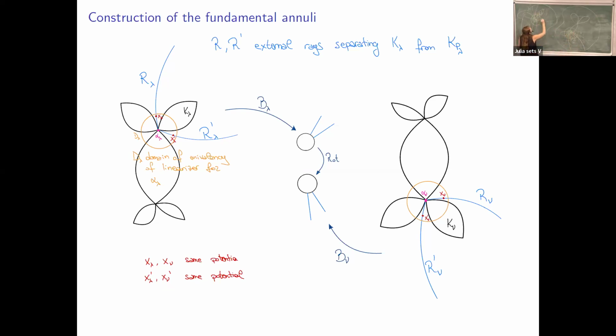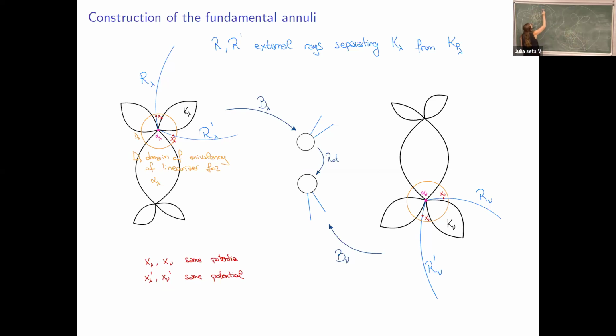And then you take preimages. When you take preimage, what happens? This part gets the preimage of the equipotential. Then I will show you actually a real picture.